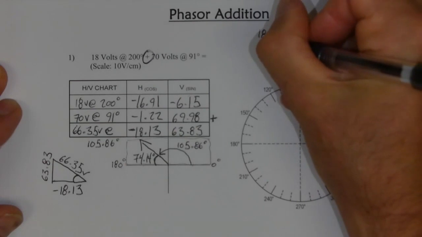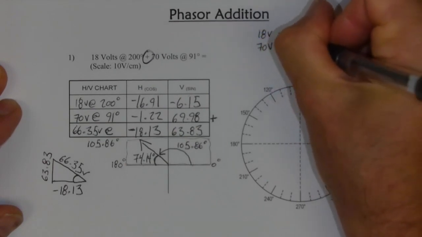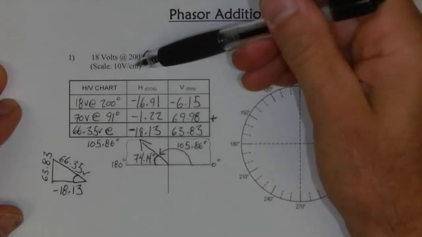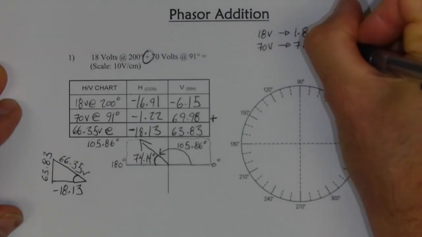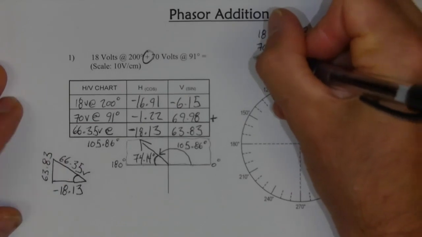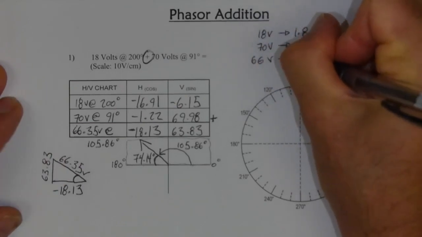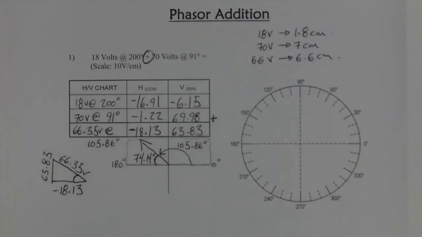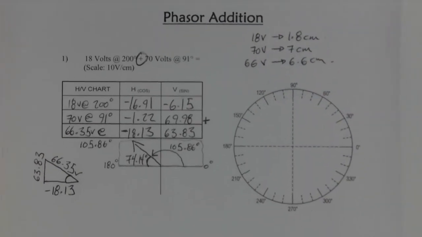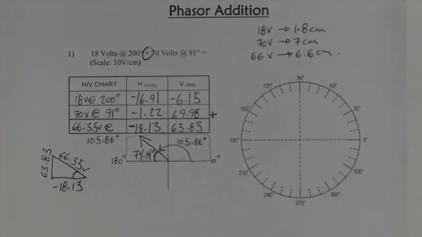For my 70 volt phasor, again, just dividing it by 10 for this particular arrangement, it's going to be 7 centimeters in length. And for my 66.35, well, you guessed it, it's going to be 6.6 centimeters in length. So pretty simple. Let's take a look at where each one's going to land.